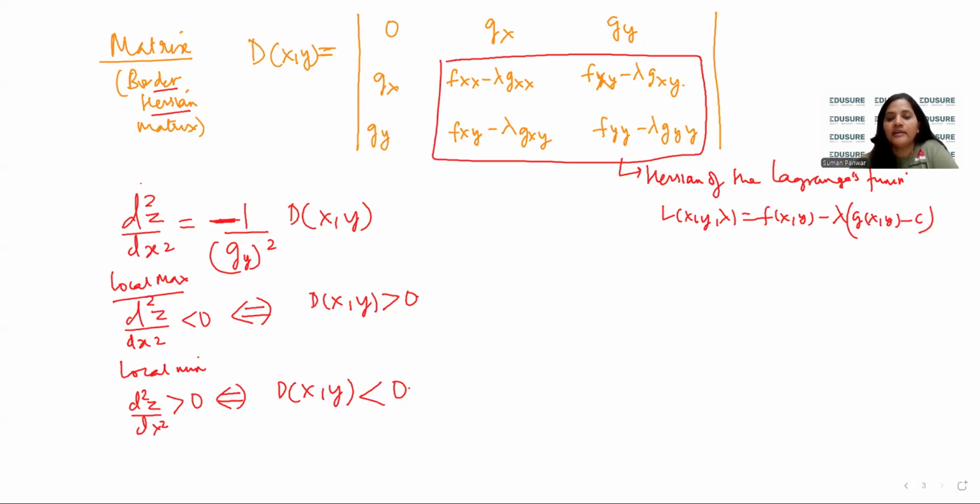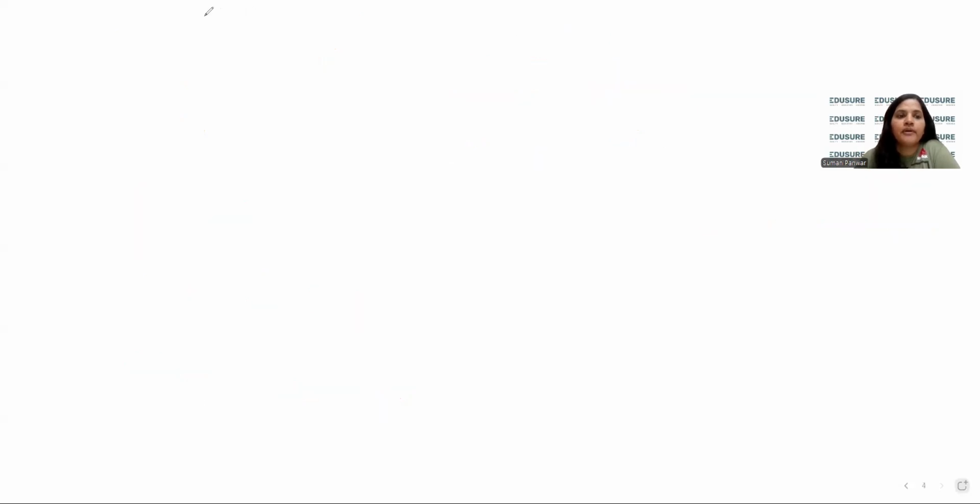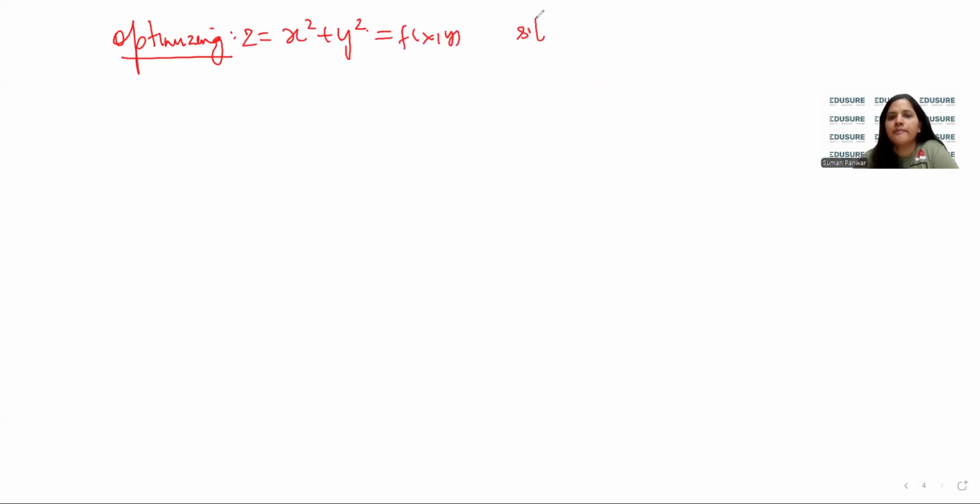Now, we had discussed this problem where we were optimizing x square plus y square, subject to x square plus y square plus xy equals 3. We did a problem like this. This was g of xy, and we got 4 candidates.